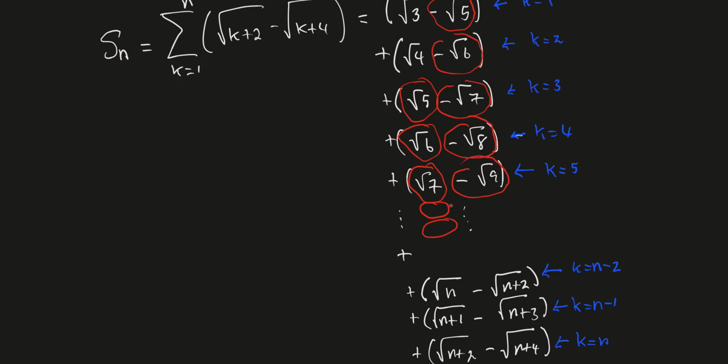This is where we have to generalize the pattern, because n is not a fixed number. We have to be able to write down this symbolic expression for s sub n. That's one of the big things in telescoping series: the ability to write down that explicit, simplified formula for s sub n.